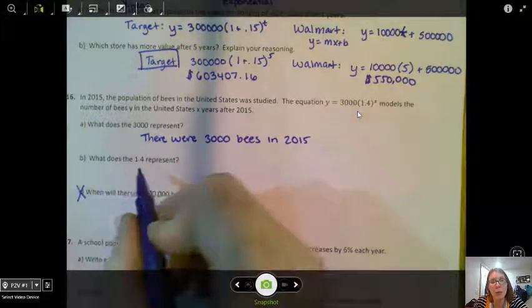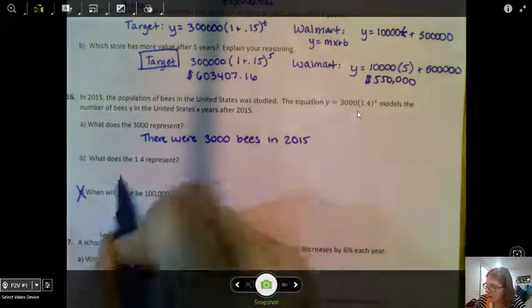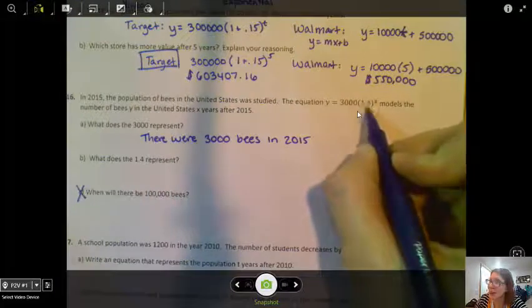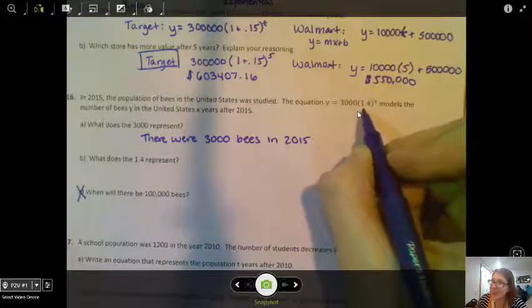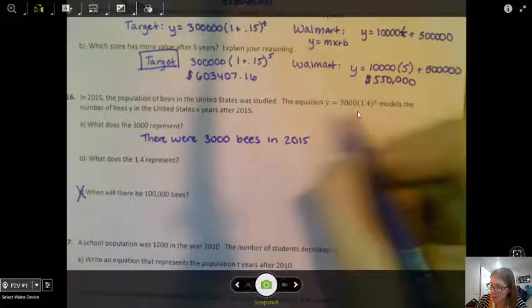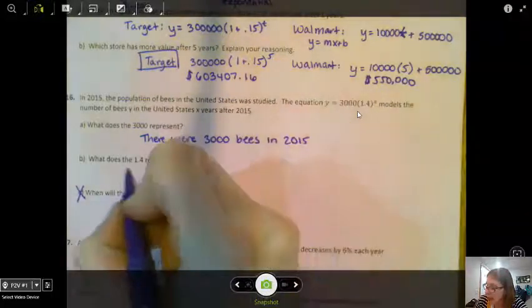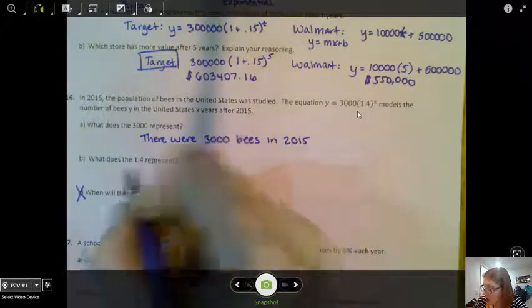Part B asks, what does the 1.4 represent? Well, that 1.4, your B value, get it? B value, B's. Anyway, this number is more than 1. So that tells me that the population is growing.